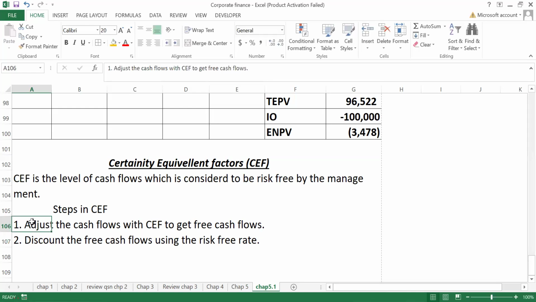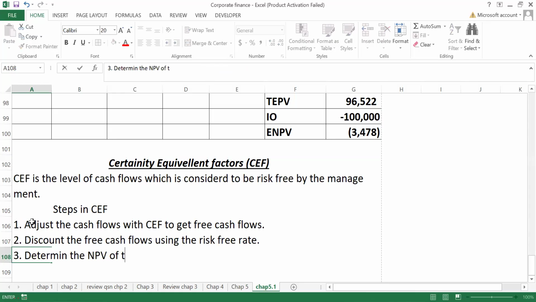Then the third step is to determine the NPV of the project. So these are the 3 important steps when it comes to the use of a certainty equivalent.